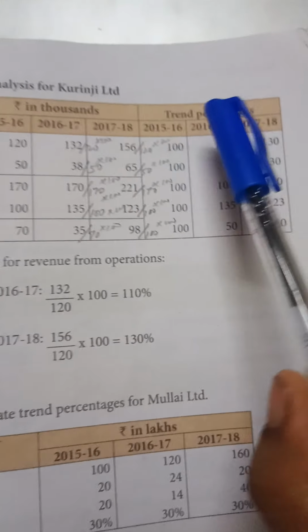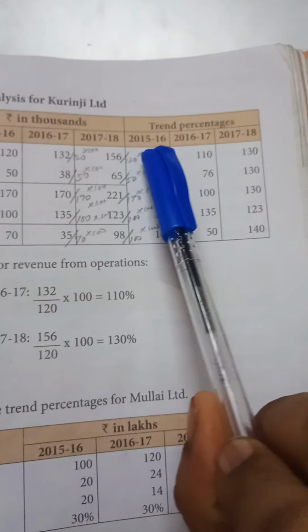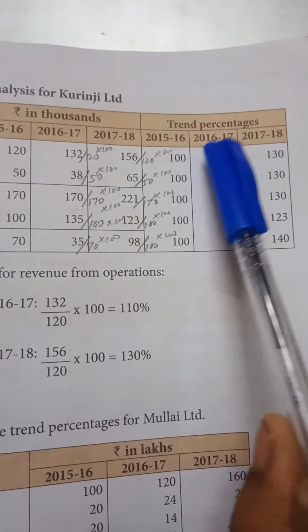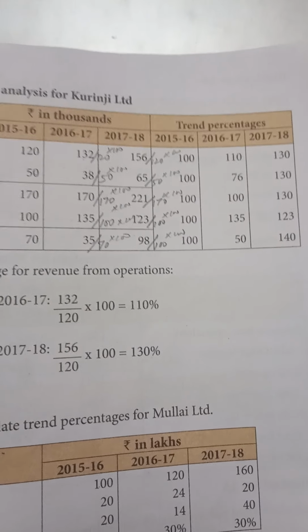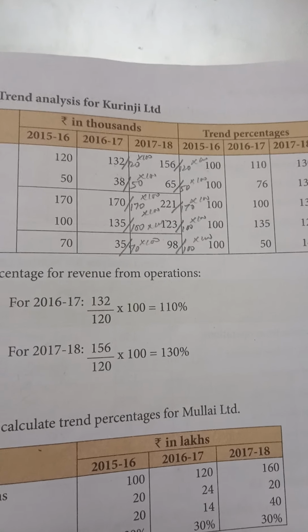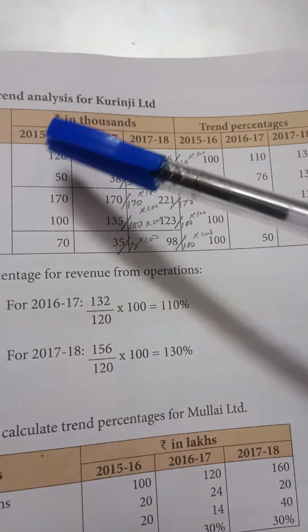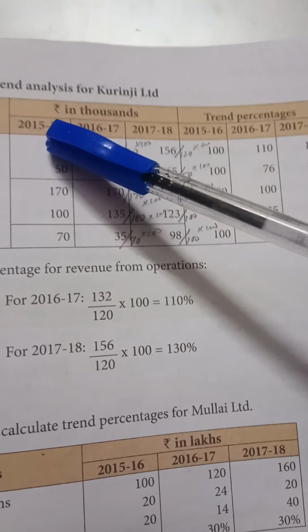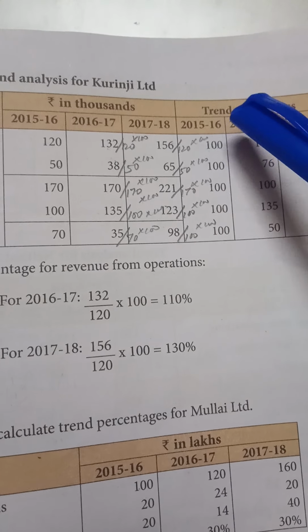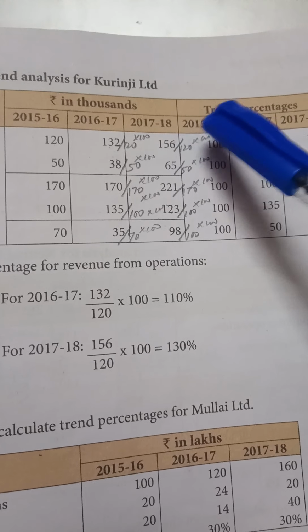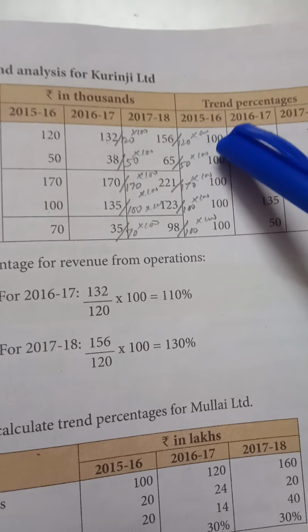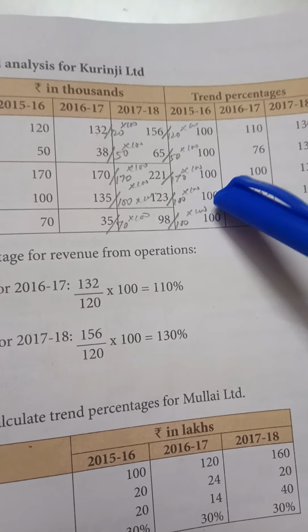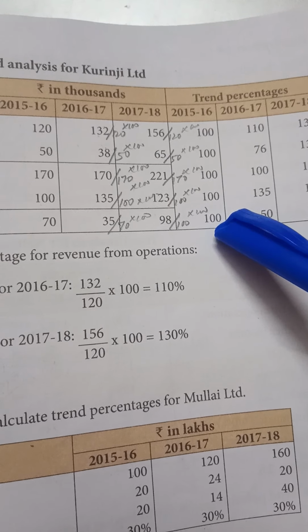So now you will draw like this, trend percentages: 2015-16, 16-17 and 17-18. Now you have to treat all the account balances as 100 for 2015-16, that is year 1. So we have to write 100 in all these places.